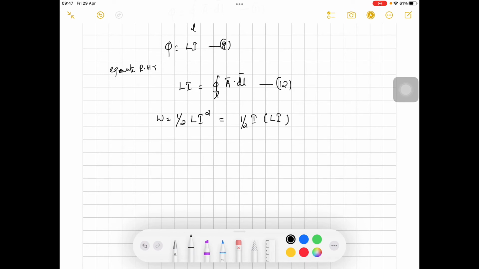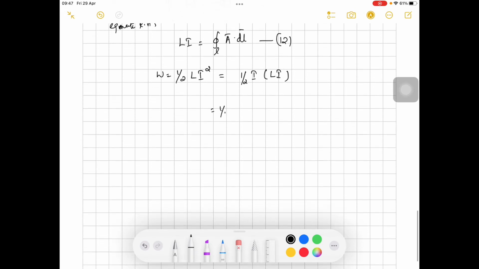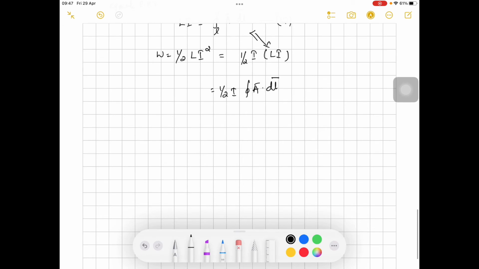So this is used here, half I into, instead of LI substitute this line integral A dot dl. You can take the current inside the integral, and we can write this as half integral A dot I dl. Here the current is taken as a vector, A dot I dl.